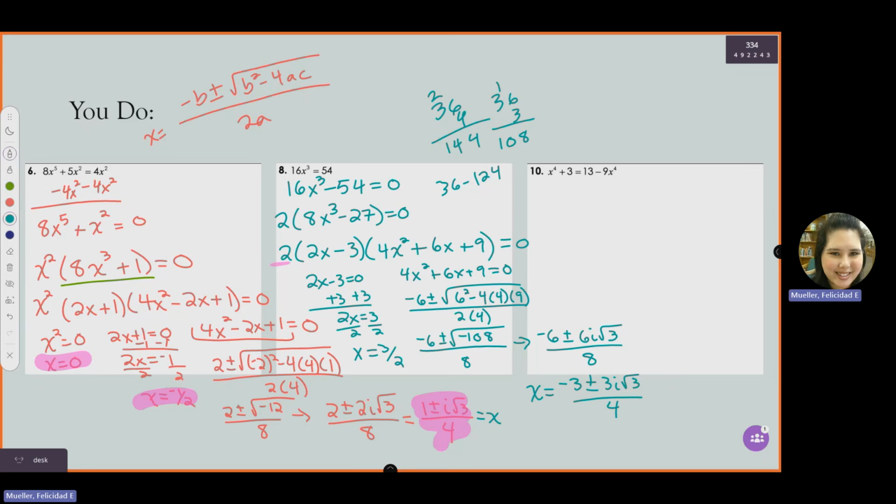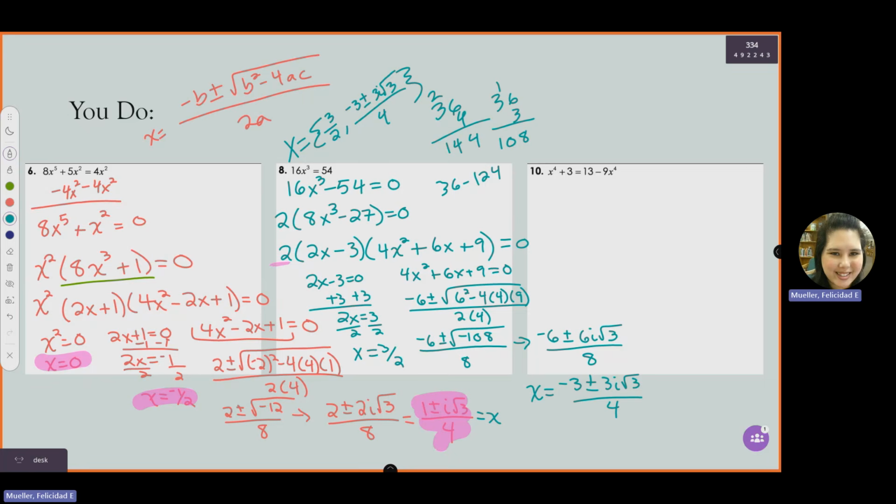And in cases like this, it does help to write your answer somewhere. Square root, oh, I've got the i. There's my final answer. Tell me that's not a pretty answer.